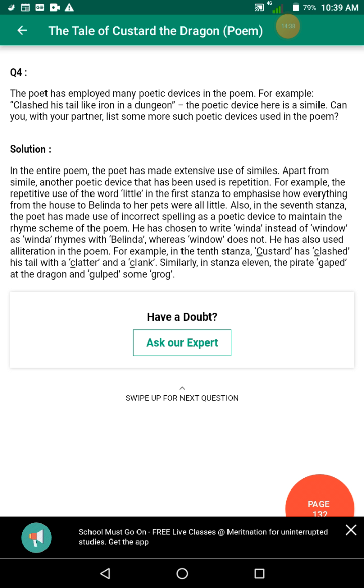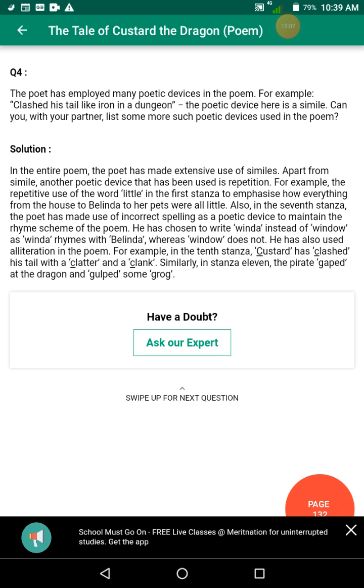In the poem, the poet has made extensive use of similes. Apart from simile, another poetic device that has been used is repetition. For example, the repetitive use of the word little in the first stanza to emphasize how everything from the house to Belinda to her pets were all little.